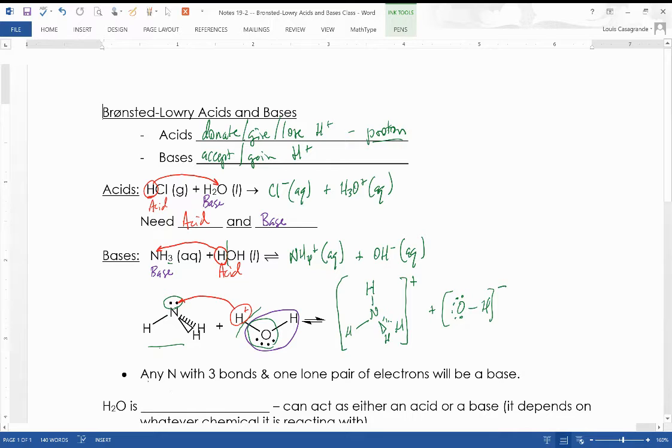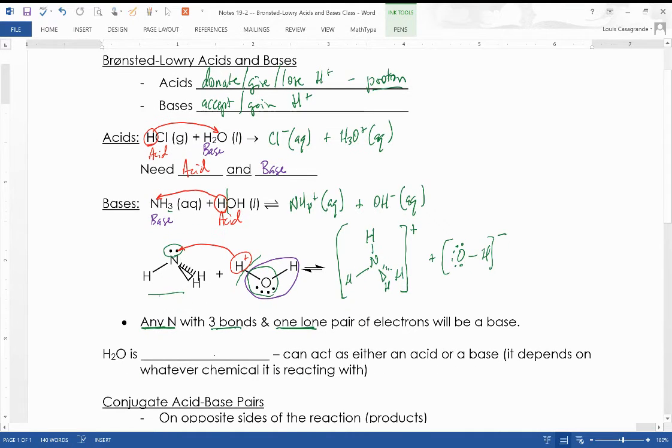In fact, any molecule that has nitrogen with 3 bonds and 1 lone pair of electrons will be a base. And there's going to be a homework question which is going to have you investigate that with another compound related to ammonia.